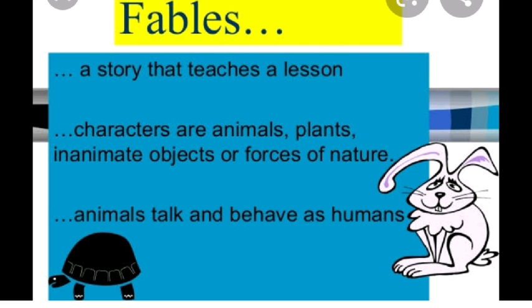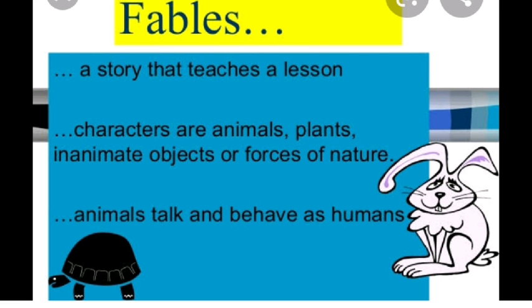The characteristics of fables are: first, a story that teaches a lesson; second, characters are animals, plants, inanimate objects or forces of nature; third, animals talk and behave as humans.